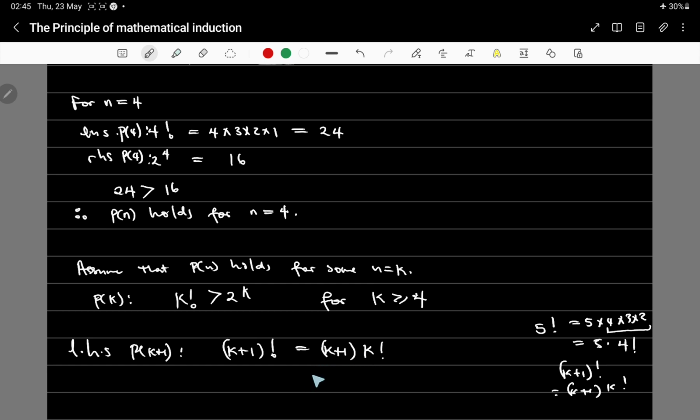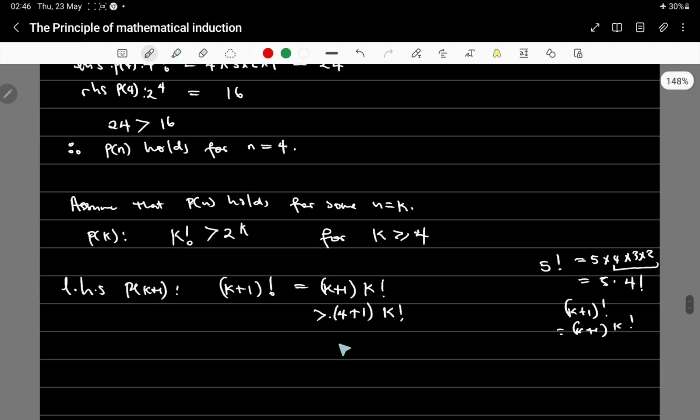And then we know that since we were told that k is greater than or equal to 4, this one is simply greater than 4 plus 1 by k factorial, which is 5 times k factorial.